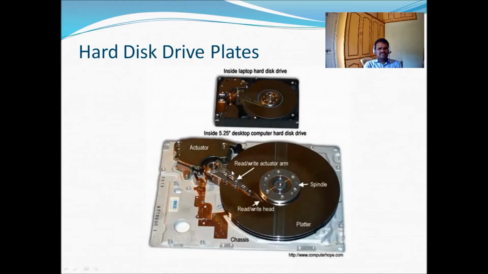Here we can see, this is a platter, this is a platter, this is the spindle which is used to spin these platters, and this is the read write head which can read the information from these platters and write the information on these platters.